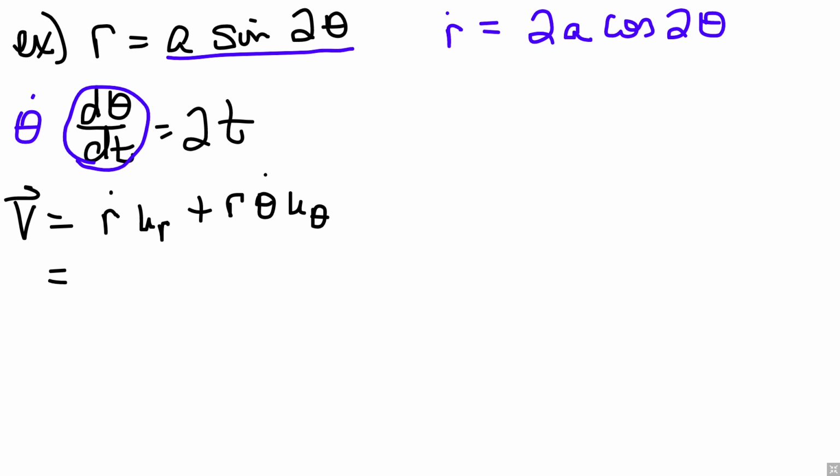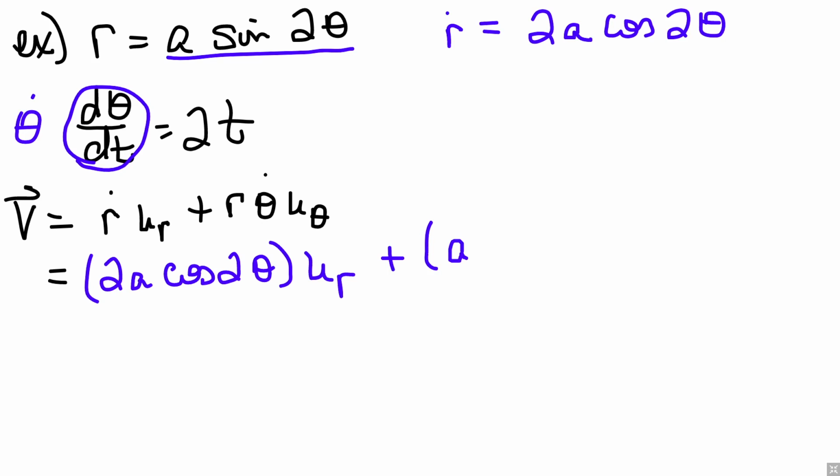So if we fill this in place of r dot, we're going to put in 2a times the cosine of 2 theta, and this is in the u of r direction, plus we're going to take r, which is defined as a times the sine of 2 theta, times theta dot, which is 2t, and this is in the u of theta direction.